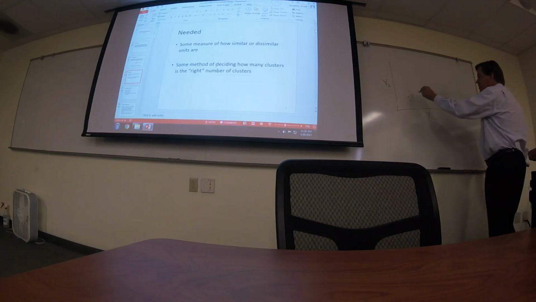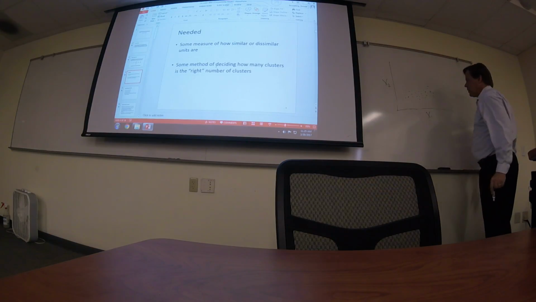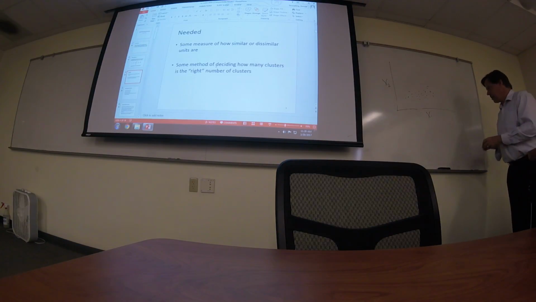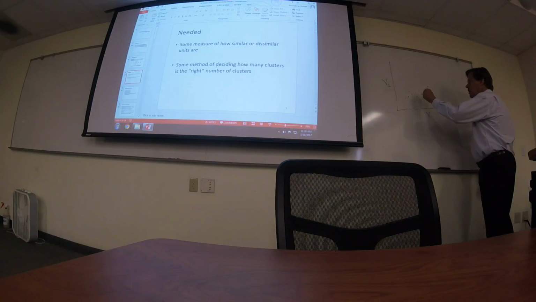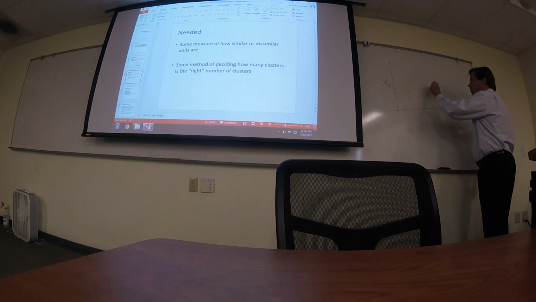But if your data, instead of looking like this, looks like this, then one method of measuring distance may get, and we're going to make two clusters, one method may get this, one, two clusters. But another method may get this, one, two.